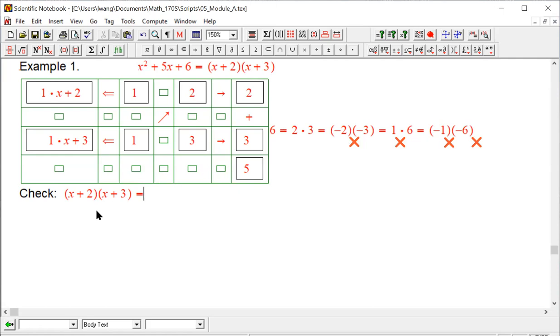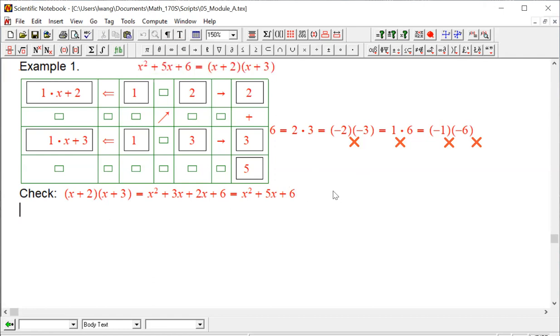In this case, we have x times x is x squared, plus 3 times x, plus 2 times x, plus 6. Combining like terms, we have x squared plus 5x plus 6. So we got the factors, and it's factored completely.